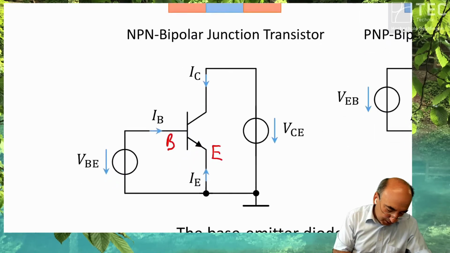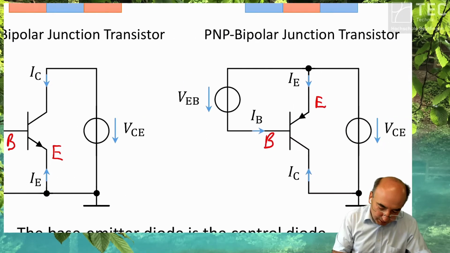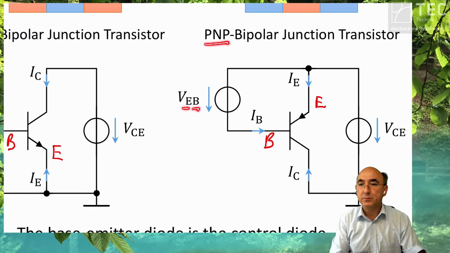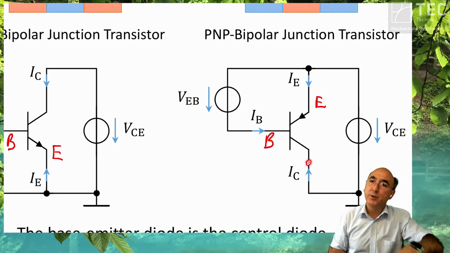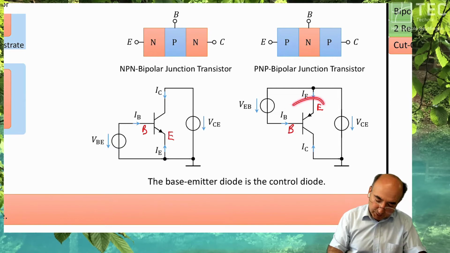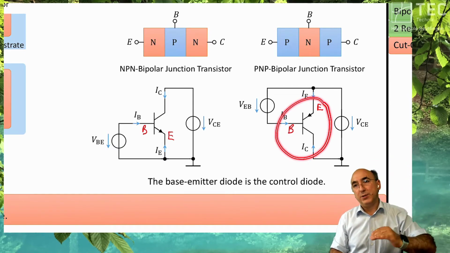So VBE is positive. VEB is positive for the PNP transistor. Okay, and the collector is at the lower potential. So usually you draw a circuit in the stack of the potentials.